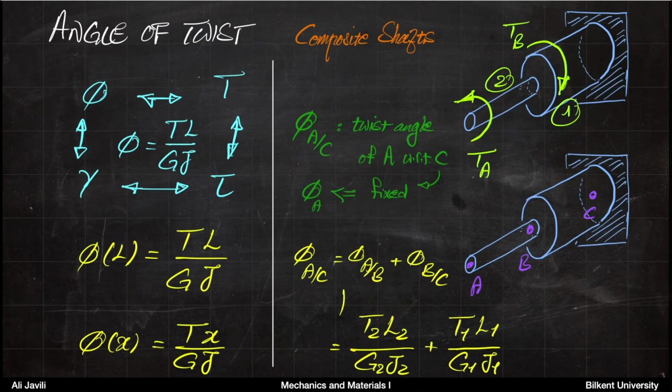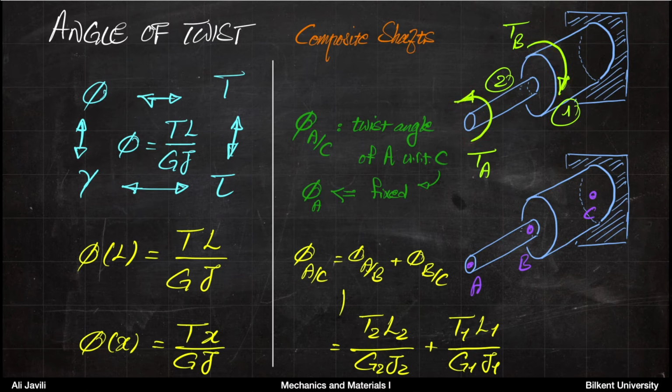Okay, so we know that angle of twist is TL over GJ, and that is angle of twist at L, and for x we have phi x equals Tx divided by GJ. Now what about composite shafts? If you have a composite shaft as shown in the figure, so let's say you have a shaft, it has part 1 and part 2, and then you apply torques TA and TB.